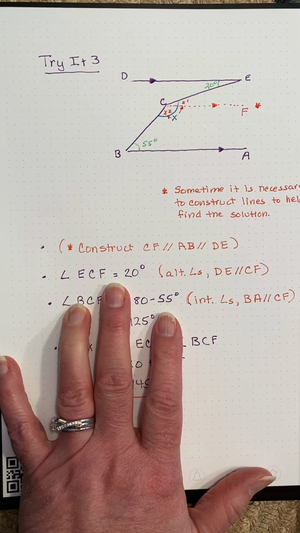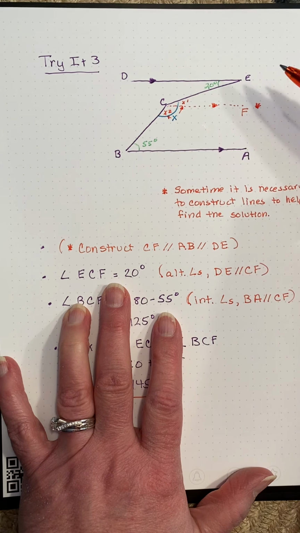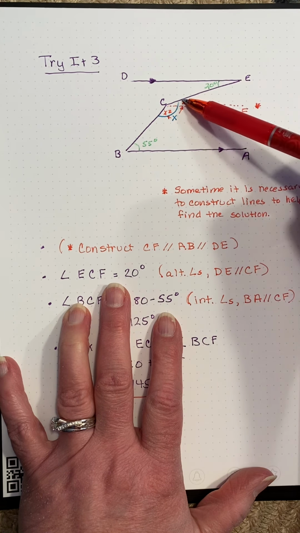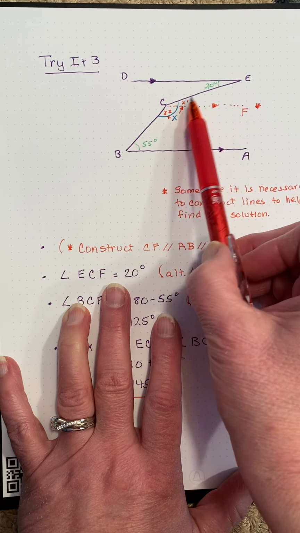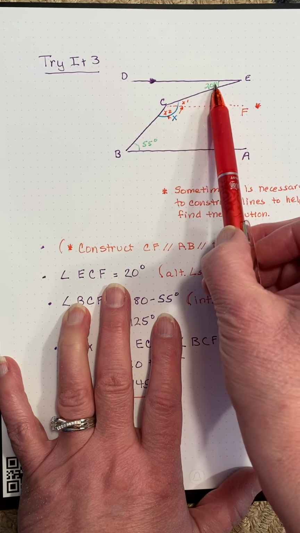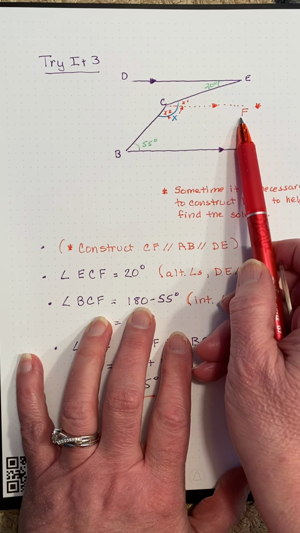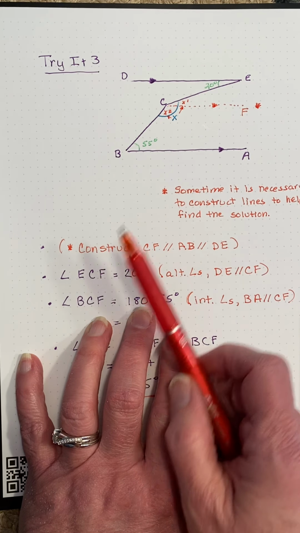Now we can go about finding out what they want us to know because they want us to find the measure of this whole big angle. So to do that, angle ECF is going to be 20 degrees because of the alternate interior angle. So this is 20 and this is 20. So when we drew this parallel line, we could use that property to say, oh, this part's going to be 20 because that part is 20. Angle BCF is going to equal 180 minus 55.